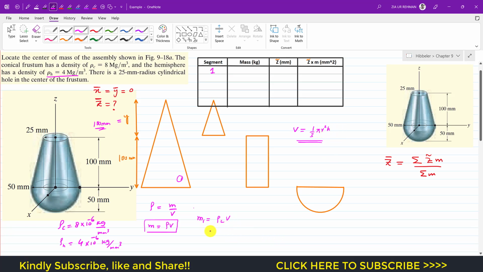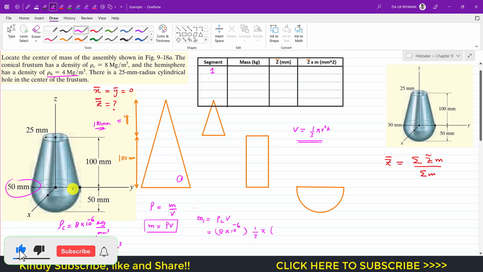So if I put all those values in this equation, rho c is 8 multiplied by 10 raised to the power minus 6 in kg per mm cube, multiplied by 1 divided by 3 pi r square. The radius of the cone is 50. This is given.